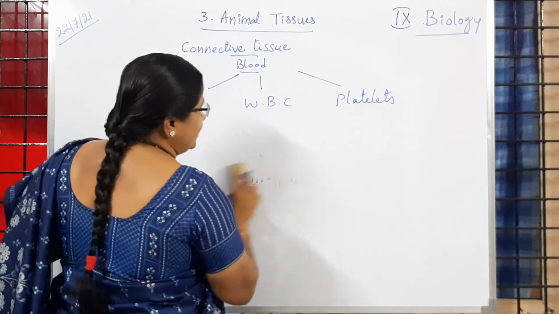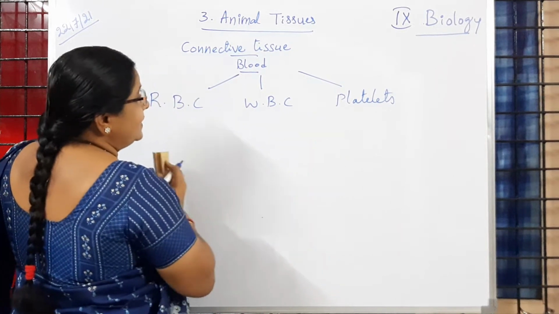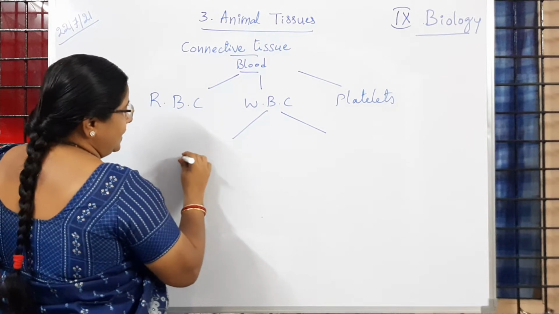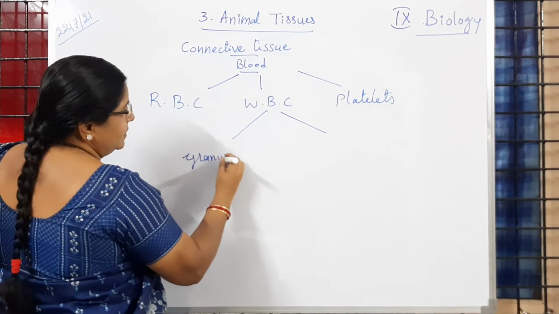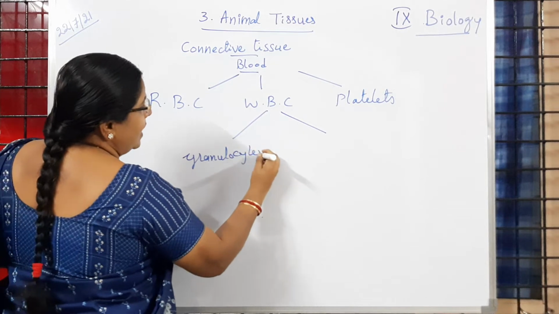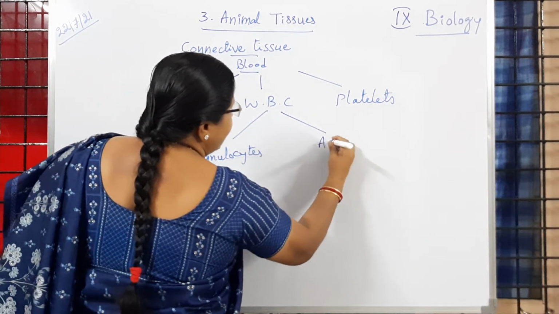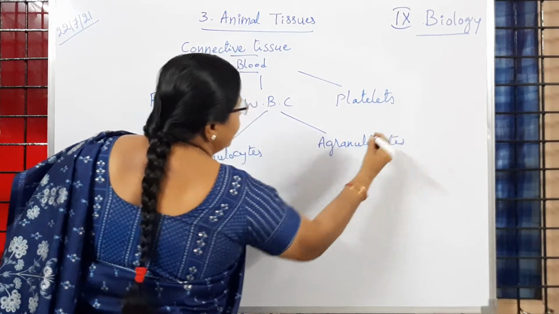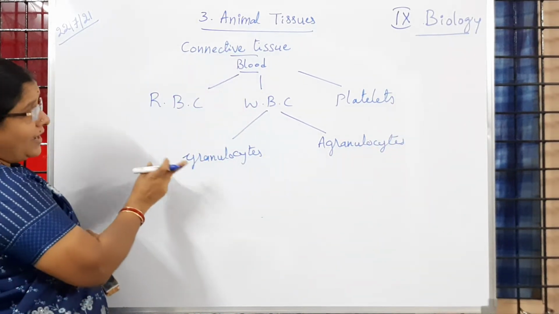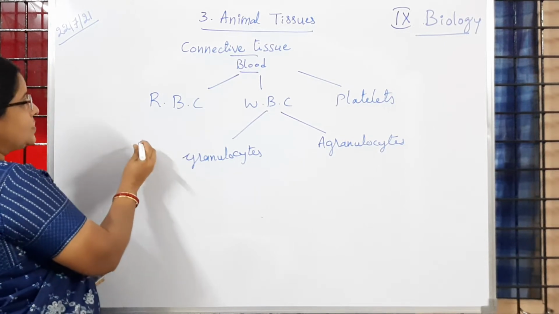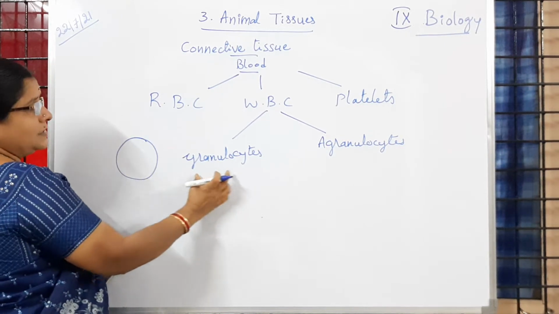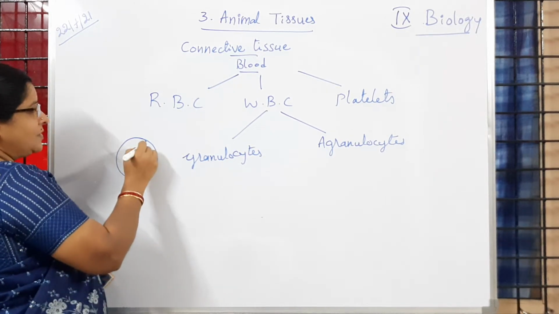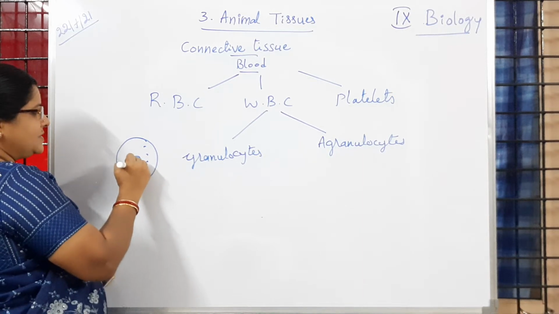How many types of WBC are there? You know that there are two types of WBC. One is said to be granulocytes, and the second one is agranulocytes. Why this name? Already we discussed. If we observe the WBC of granulocytes, along with the nucleus in the cytoplasm we are going to observe granular substances.